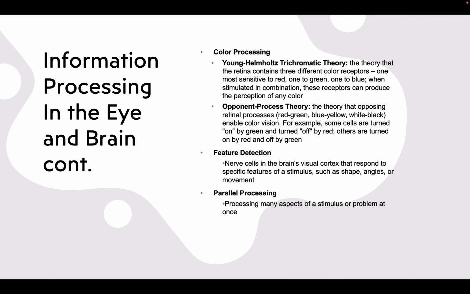There's feature detection, which is when the brain's detector cells respond to specific features, like edges, lines, and angles of the image. Then there's parallel processing, where brain cell teams process combined information about motion, form, depth, and color. And then we reach the recognition part, where the brain interprets the constructed image based on the information from stored images and is able to see what the image actually is.